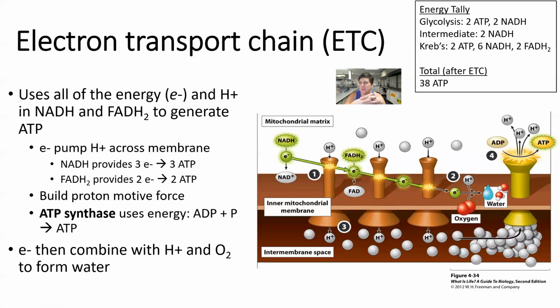So again, I mentioned earlier, why would you want to do oxidative phosphorylation when it seems way easier to do substrate level phosphorylation? The answer is, you can see from our energy tally, during glycolysis, we got 2 ATP. I mean, 4 if you don't count the 2 we used. Every time you break a bond, you can usually get 2 ATP via substrate level phosphorylation. Not a lot, it's some.